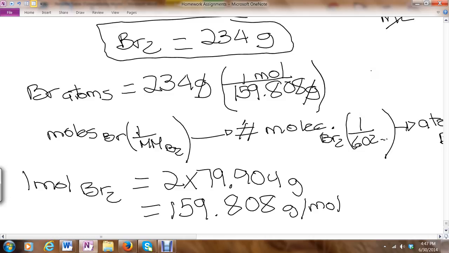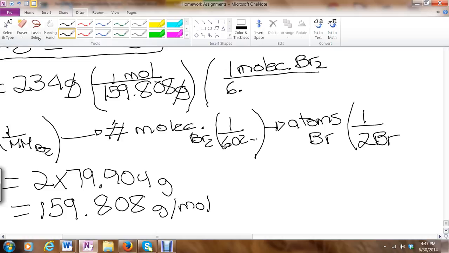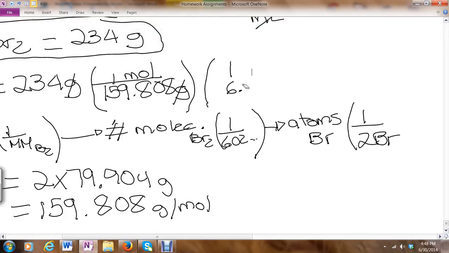So now you're going from moles to number of molecules of Br2. And remember, we still need to get to atoms. I did something wrong. Before I continue, I found it.